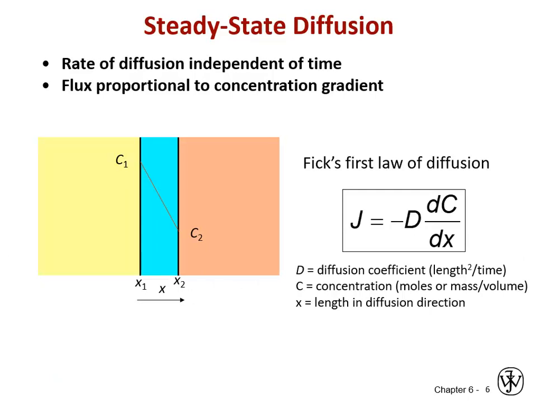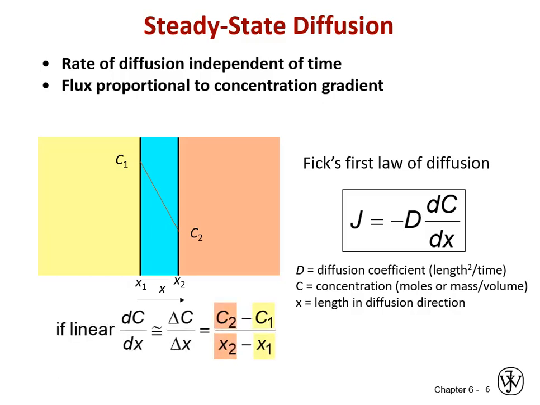So this is a little bit of a graphical example of the equation. If you had a material with a region over on the yellow side that had a very high concentration of a particular species, concentration equal to C1, and over on the right-hand side you had a lower concentration, C2, and you had a region between them where that concentration was changing over a distance of x1 to x2, you would have a linear concentration gradient equal to (C2 minus C1) over (x2 minus x1).